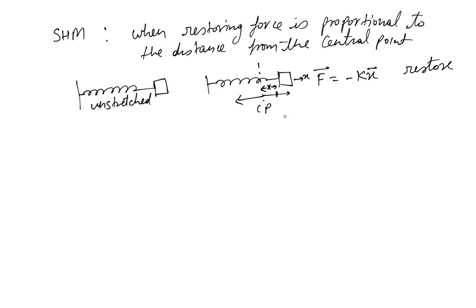Restore the motion. Okay, and we also know F is given as ma. So you can write ma equals minus kx, and because it's in one dimension, you can rewrite this as ma equals minus kx. We're not worried about vector sign right now because we are moving in the x direction.